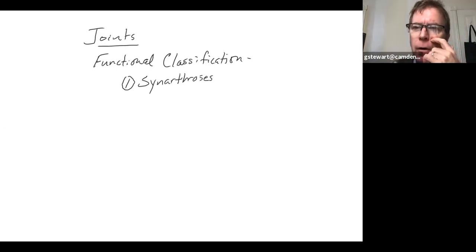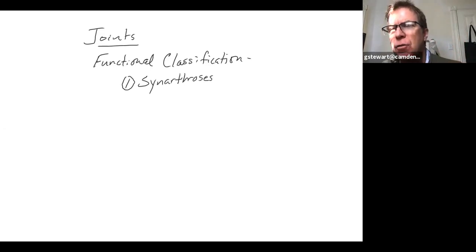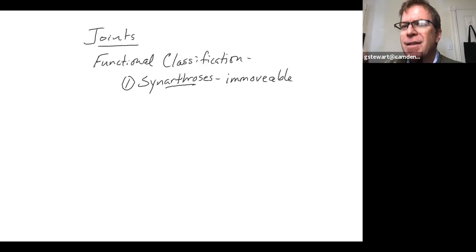Arthroses means joint, or the word arthro technically means joint. Like there's a whole class of insects called arthropods that literally translates to jointed foot. Whenever you see the word arthritis, inflammation of a joint, that just means joint. Nevertheless, synarthroses, one word, always think of immovable. So this is a joint that doesn't move. Synarthroses are immovable joints.